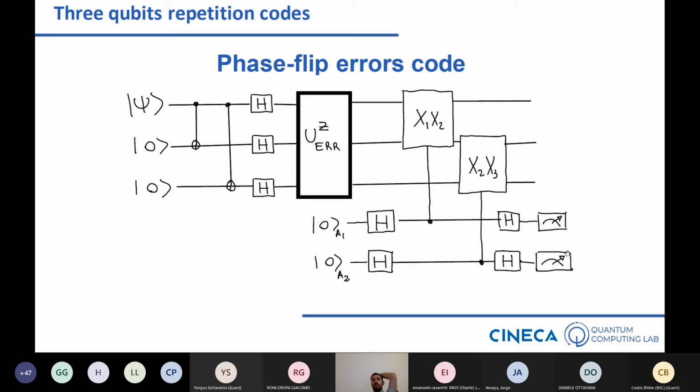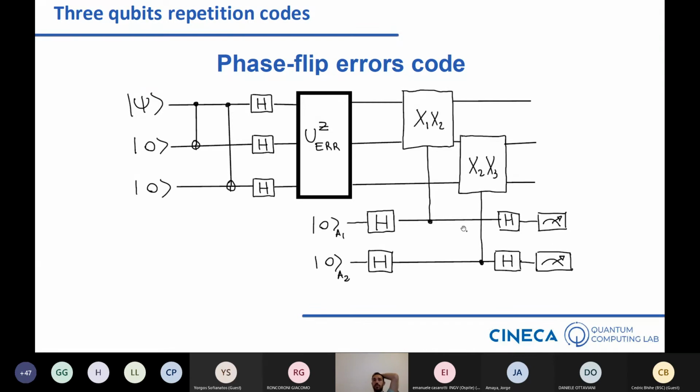So after you find out which is the error, you can apply X here, or you can apply a zeta gate where the error occurred in order to restore the original state. Okay. So this also covers the third of the 3 points that we have: no cloning, bit flip and phase flip gates, and also measurement.